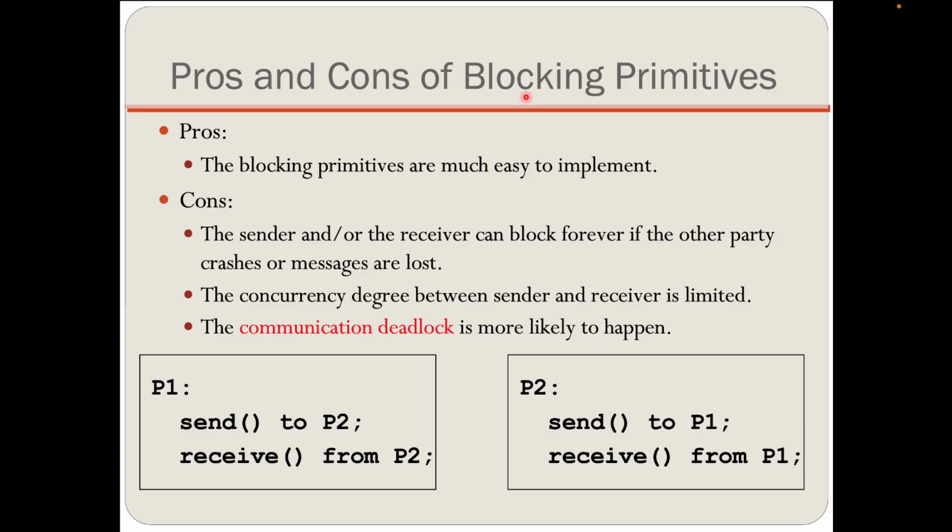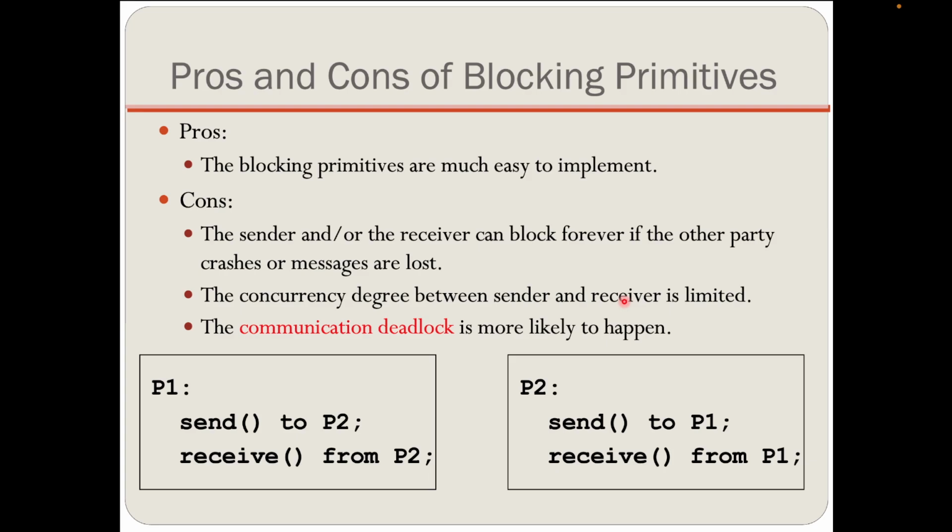But of course, the disadvantage is that they may be blocked forever if the other party crashes or the message gets lost or whatever. That's a problem. Also, because it's blocking, the concurrency degree between the sender and the receiver will be limited, because it needs to be blocked there and cannot do other things. And the last one is that communication deadlock can happen.